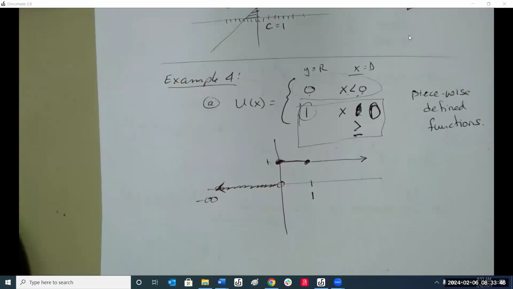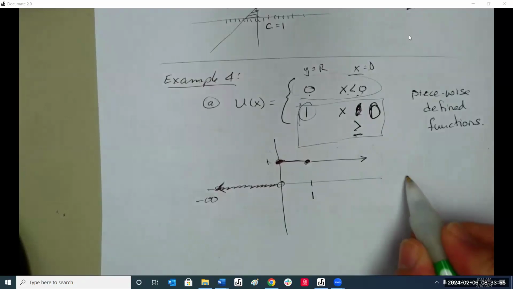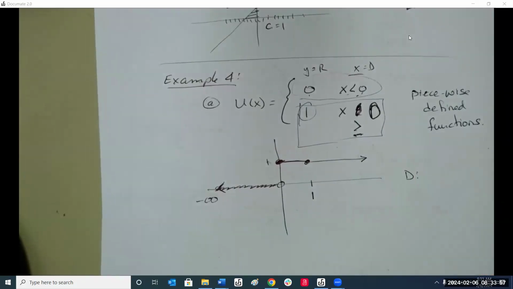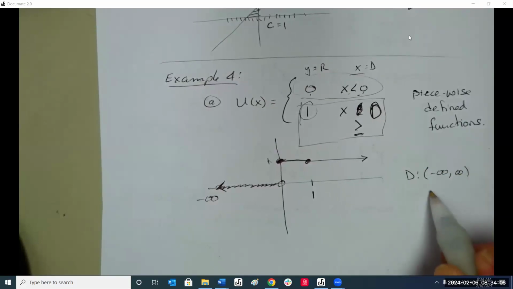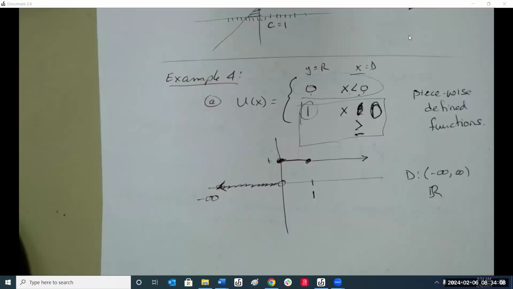Is this a continuous function? What's the domain of this new one? Negative infinity to positive infinity, all real numbers. Because can x be negative? Can x be positive? Can x be 0? So it's all real numbers.